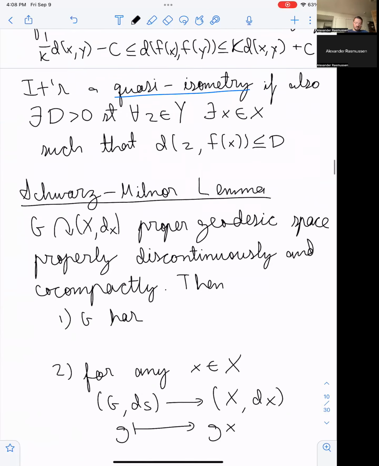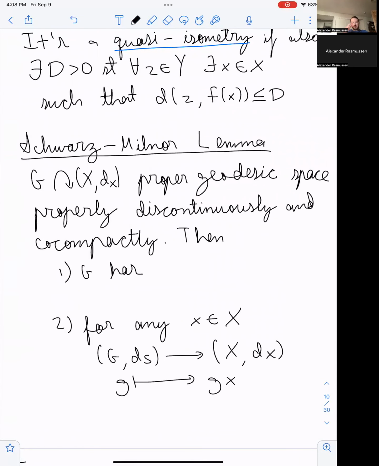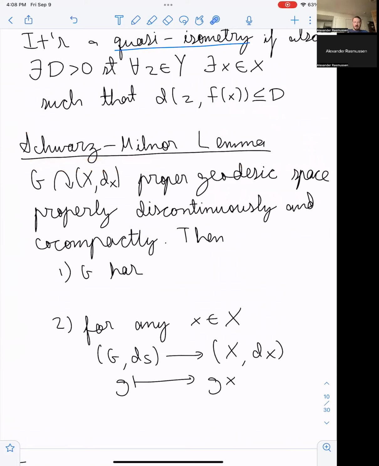Great. So now we can state one of the most important basic tools for doing geometric group theory. This is the Schwarz-Milnor lemma, which basically allows you to look at the geometries of certain nicer spaces rather than just the geometries of groups themselves.